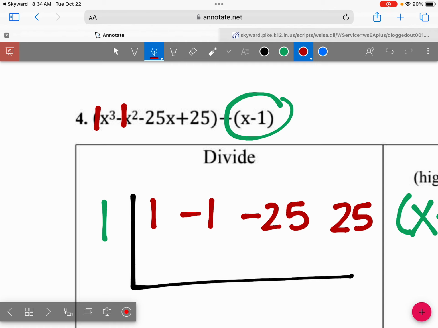Who got the 0 at the end? Who's still working?